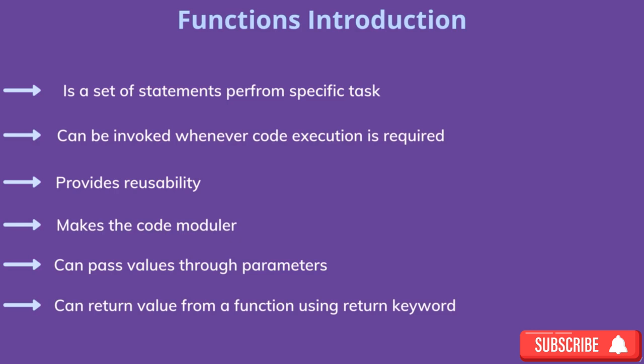Once you have written the function, you may call it once, twice, or any time you want. In short, it provides you reusability. It also makes your code modular. Modular means your code is clear, and each function is doing a separate task, so you can easily split your overall functionality into small modules.